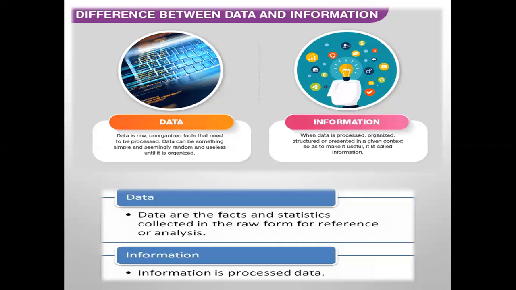Now let's see the definition of information. Processed data is called information in simple words. That is, information is the required result obtained from processing of data. It is the output which is generated through processing of raw data.